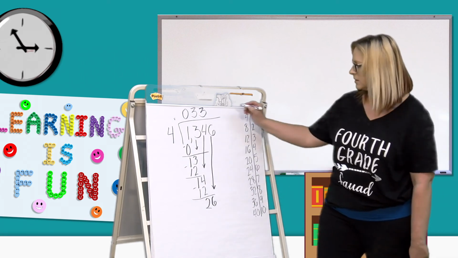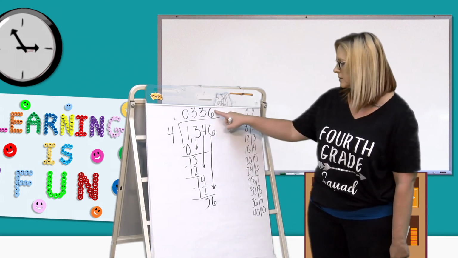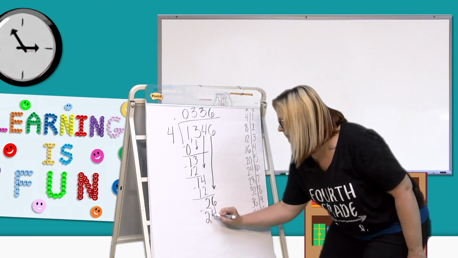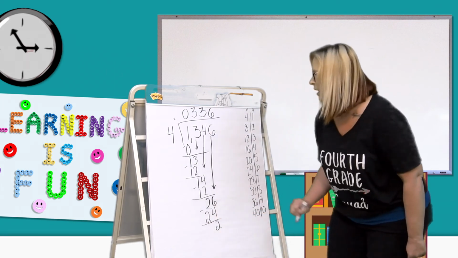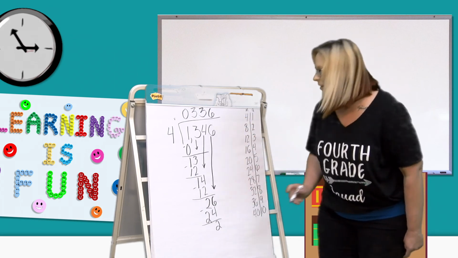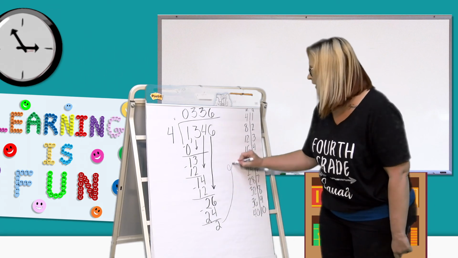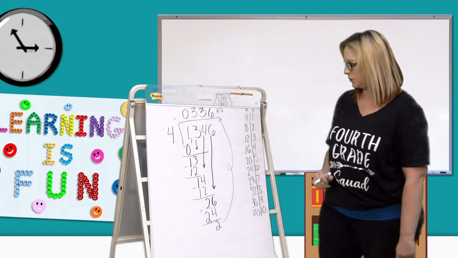This goes up in our quotient. 6 times 4 is 24. 26 minus 24 is 2. We have completed all of the digits in our dividend. So that means this 2 is what is left over. This is our remainder of 2.